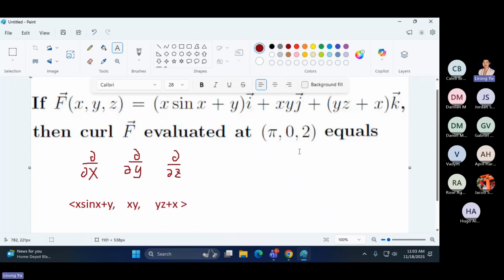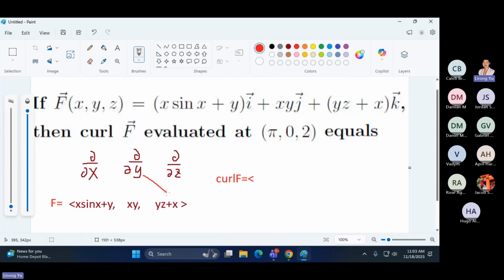So that's the vector. If you're calculating the curl of F, it's also going to be a vector. So what do we calculate? We will combine, cross, combine, and subtract.